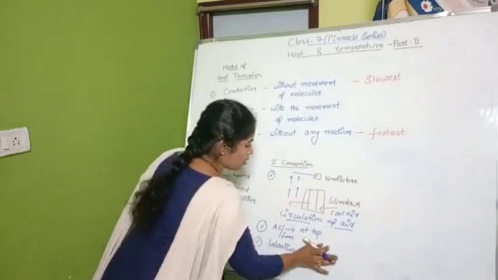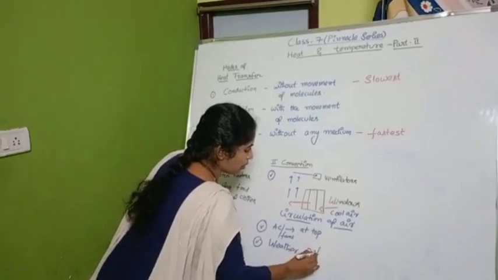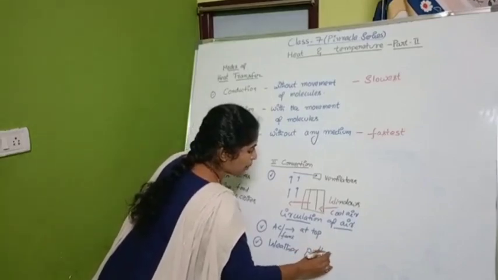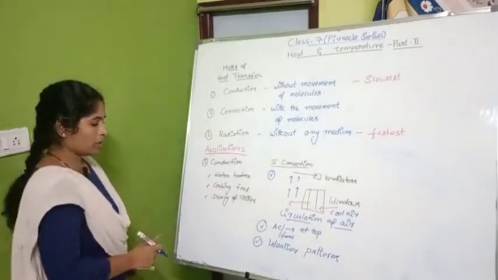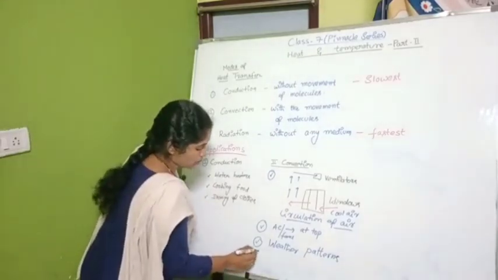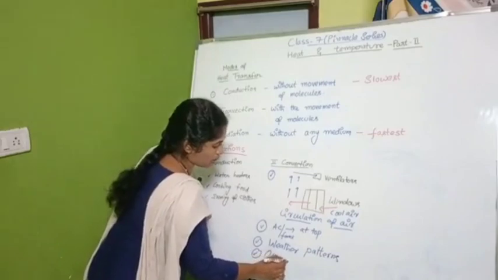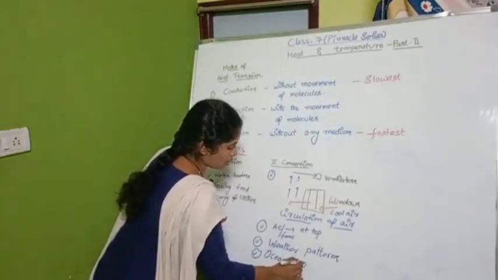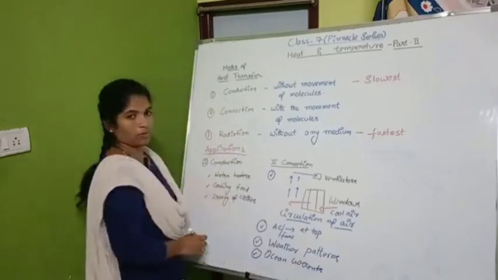So instead of seasons, you can write weather patterns. Right? Ocean currents. You can see the convection process.